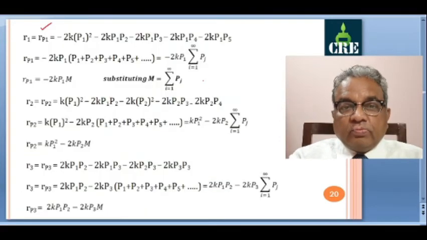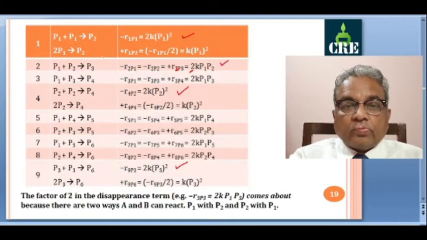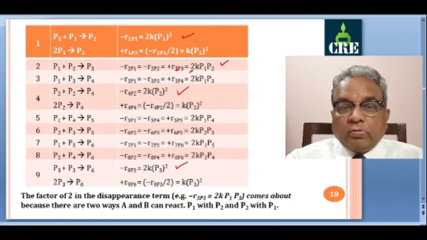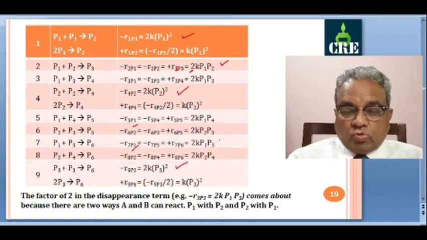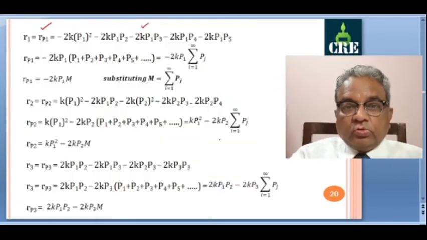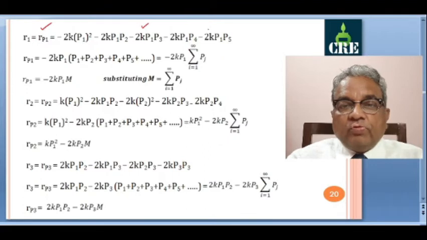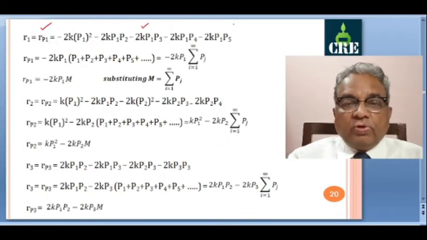So I will write next term as minus 2k P1 P3. Next, here also we will identify this P1 only, P1 P4. Here also we have P1, that is P1 P5 and so on. So we will write here minus 2k P1 P4 minus 2k P1 P5.